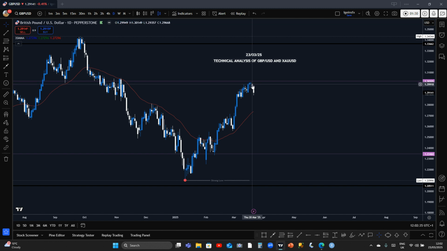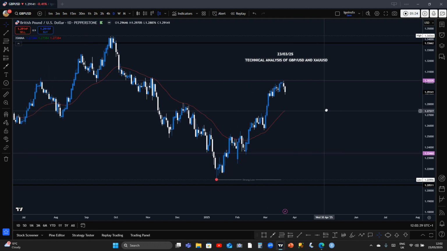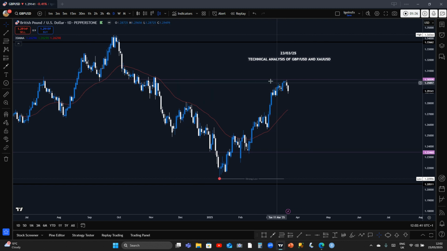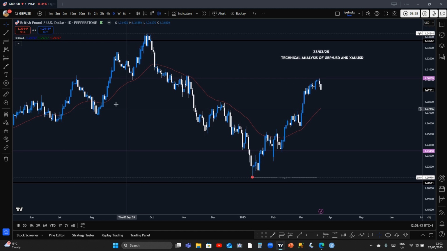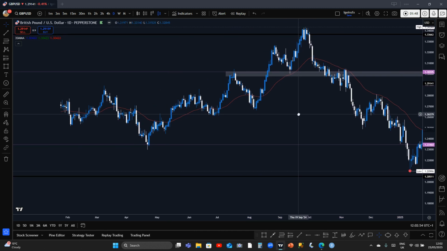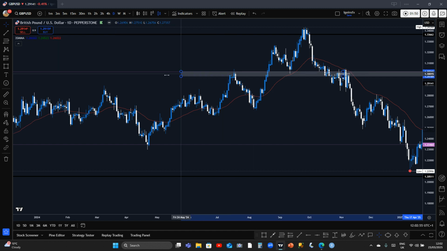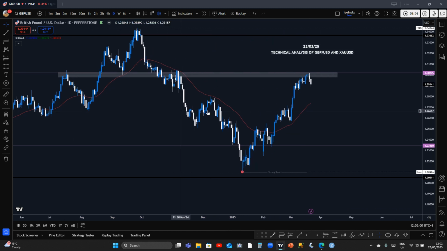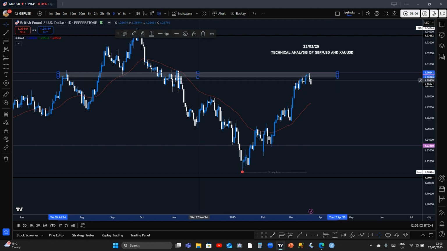But on the 20th of March, we now discovered that price action has hit this resistance level. Why is it a resistance level? It's a resistance level because when you look at the left side, price has tested and reversed at this level.